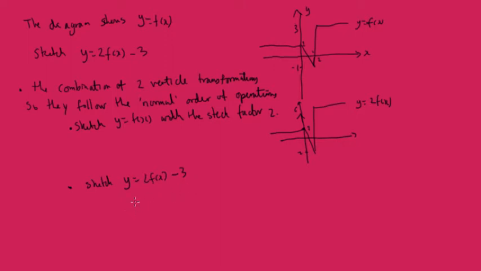So we take 2 of f of x and translate by vector 0, minus 3.